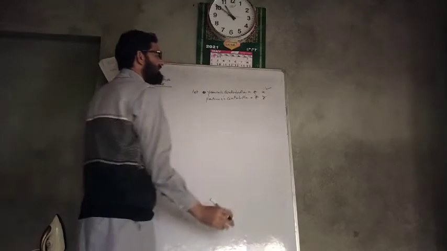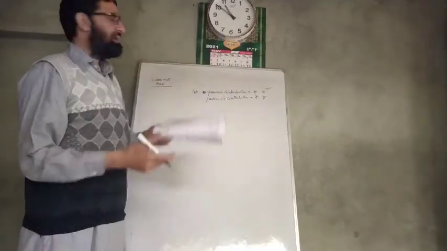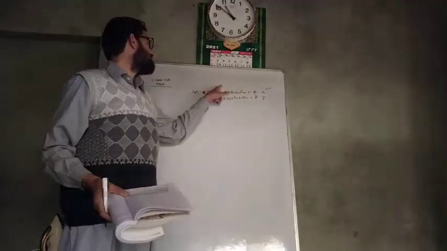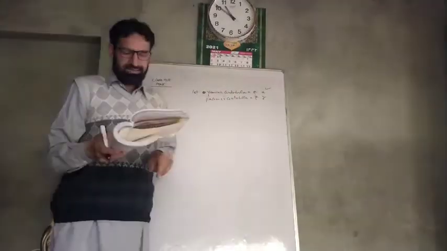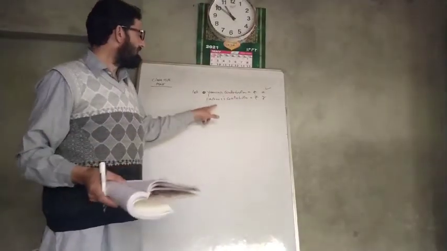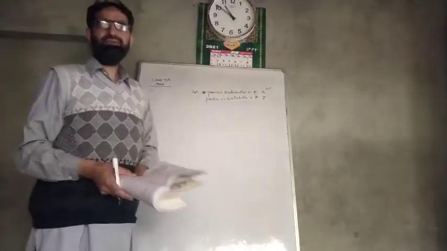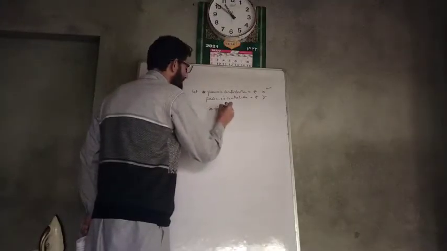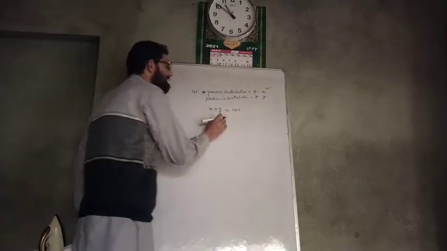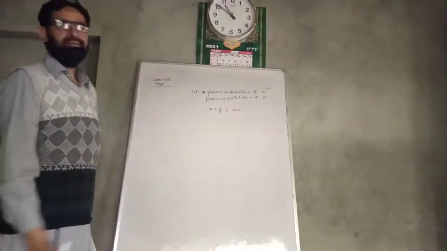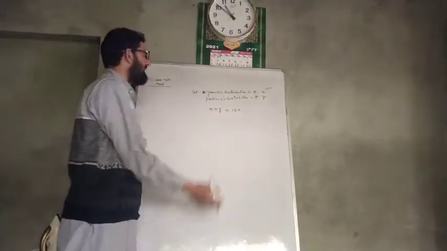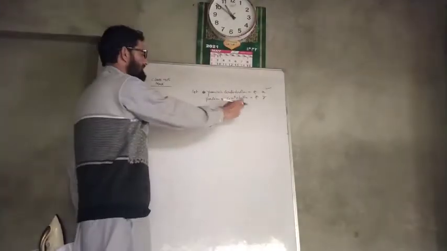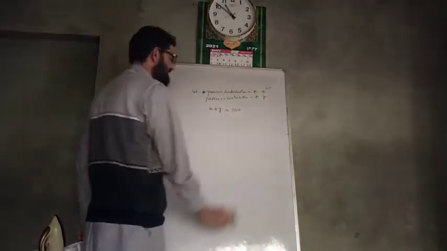But both these students contribute ₹100. We let Yamini's contribution be ₹X and Fatima's contribution be ₹Y. So these two students, that is X plus Y, is equal to 100. This is the linear equation for these two students, Yamini and Fatima, who contributed ₹100 towards PM's Relief Fund.